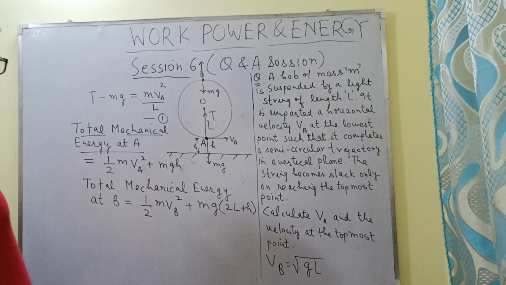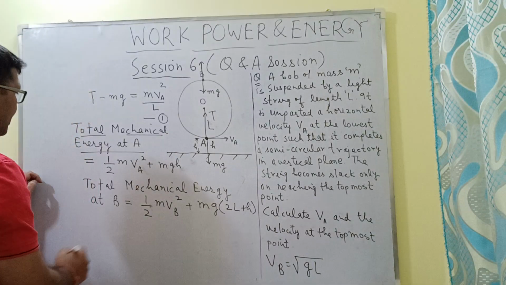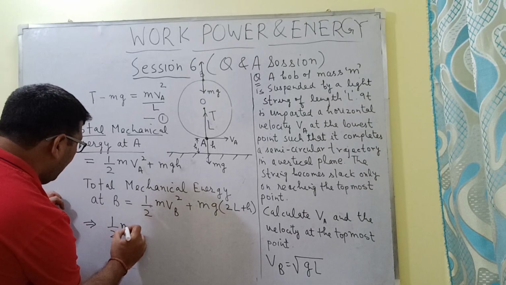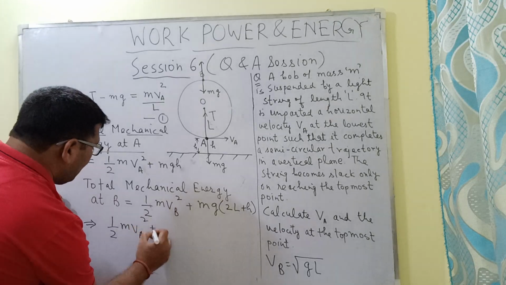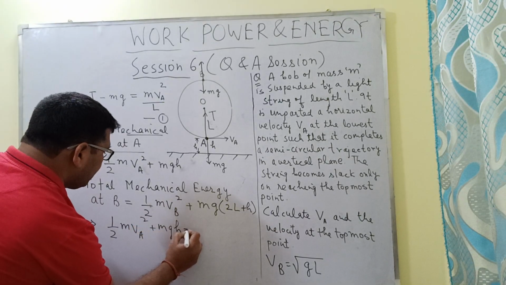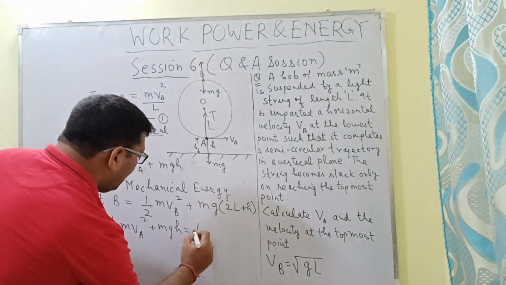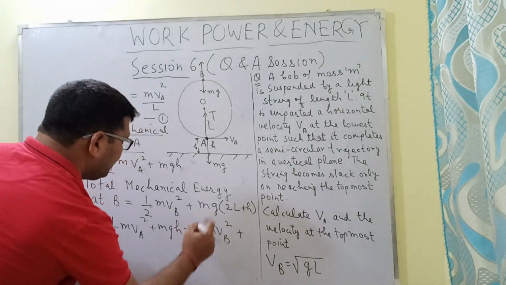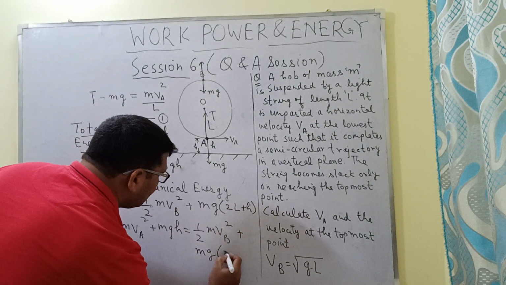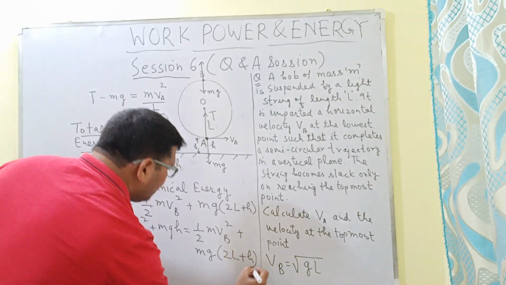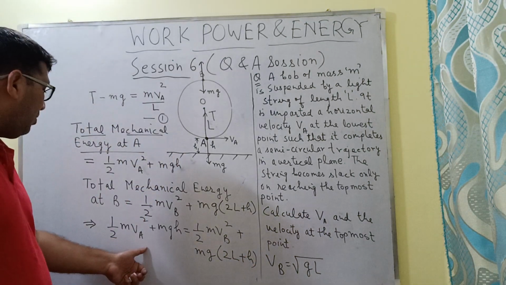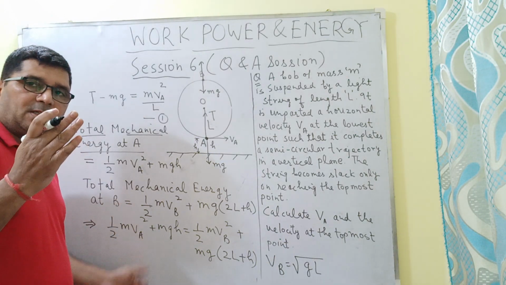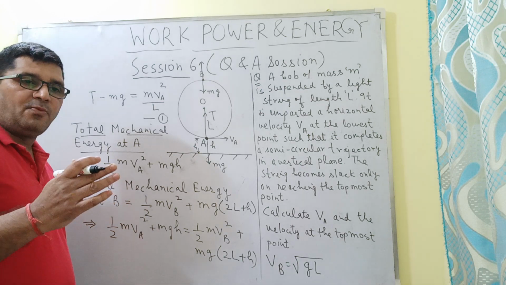Now, since the total mechanical energy of a system is conserved, it implies that half m VA square plus mgh will be equal to half m VB square plus mg(2L plus h). So this is the equation which we have got using the principle of conservation of mechanical energy.